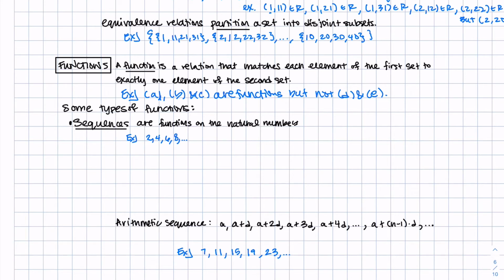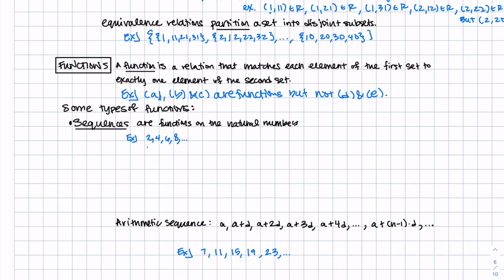Okay, so let's look at some different examples of functions that we've already seen throughout the course and that often pop up. The first major example is sequences. Sequences are examples of functions. When I think of a sequence, I'm thinking of a list of numbers where I care about the order. For instance, 2, 4, 6, 8, 10, the sequence of even numbers, is a function.